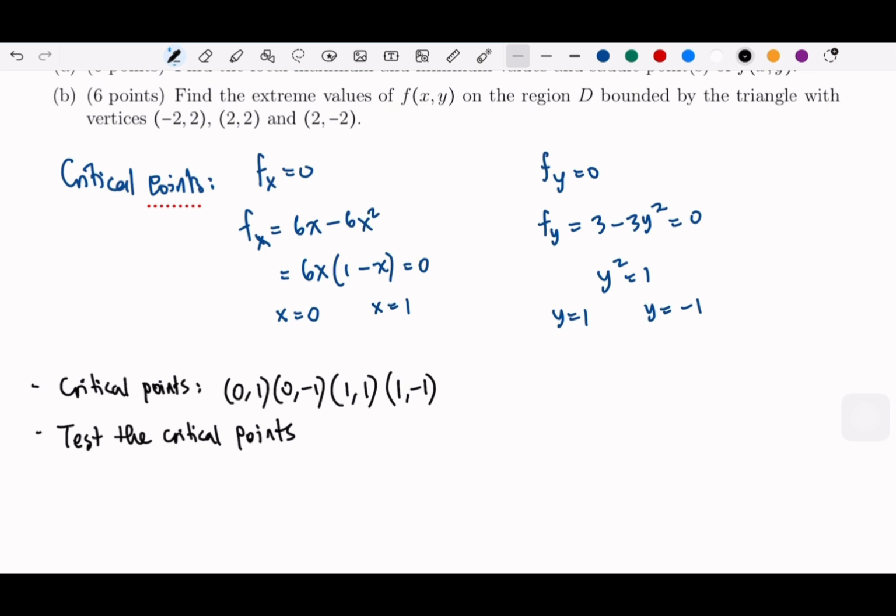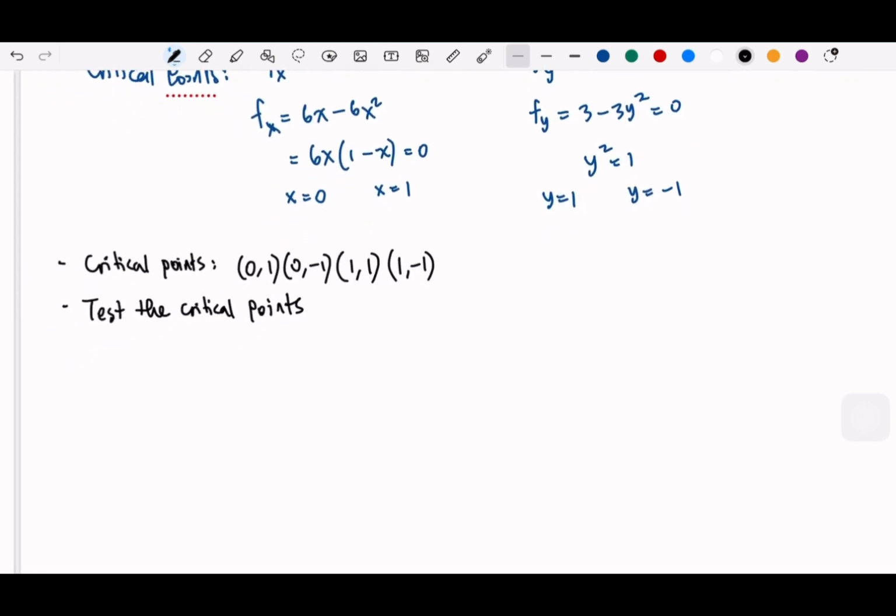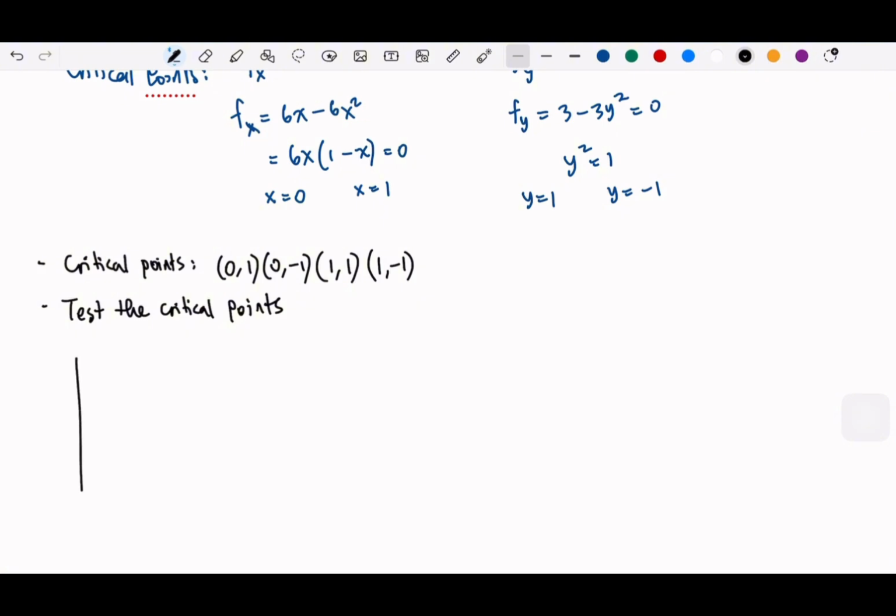Okay, my suggestion, you can prepare a table, so your notes can be easily understandable. And then test all the possible points here. So let's say these are the critical points. Let's say this is 0, 1.